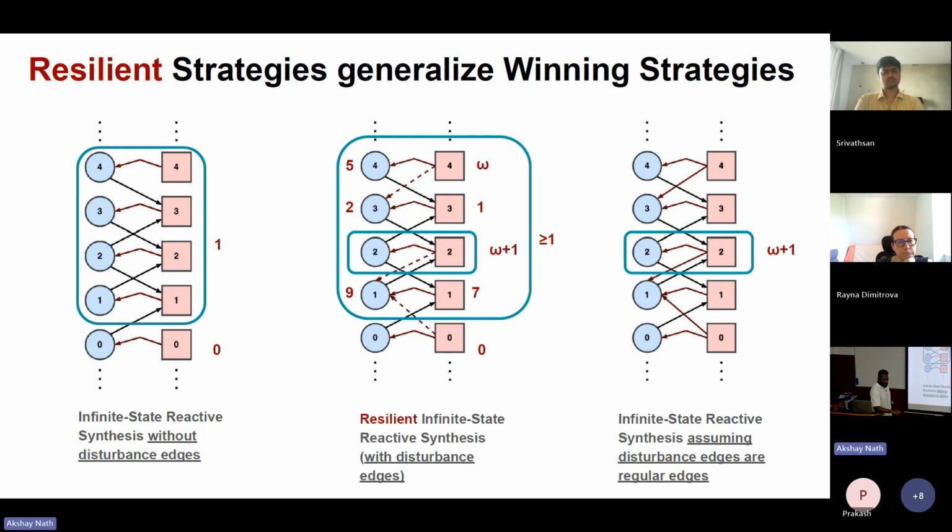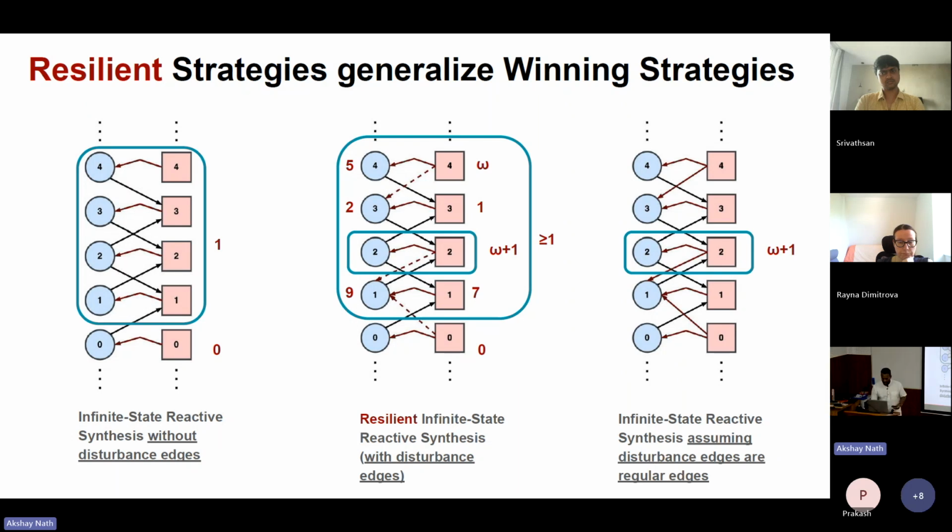Of course, it would still satisfy this condition and the one on the right, from the infinite state reactive synthesis setting. But I can also be more precise in the sense I can say from state 3, you can have a 2 resilient strategy, or from state 5, you have a 5 resilient strategy, which is not possible with earlier techniques.